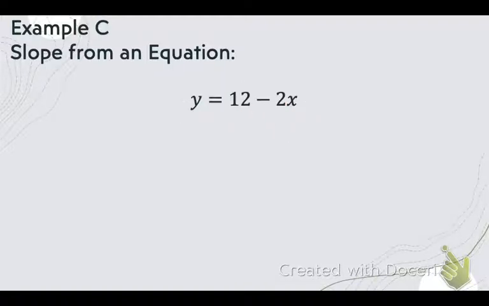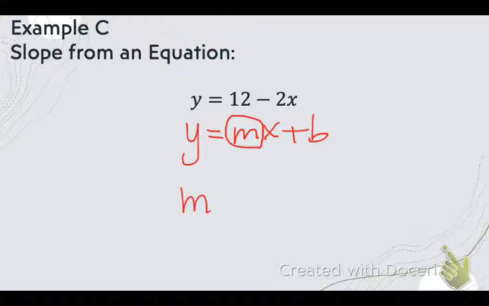Let's do one more example. Example C is y equals 12 minus 2x. If I write down my slope-intercept form, y equals mx plus b, I notice that my example, y equals 12 minus 2x, is kind of mixed around. I'm looking at the number in front of x for my slope.